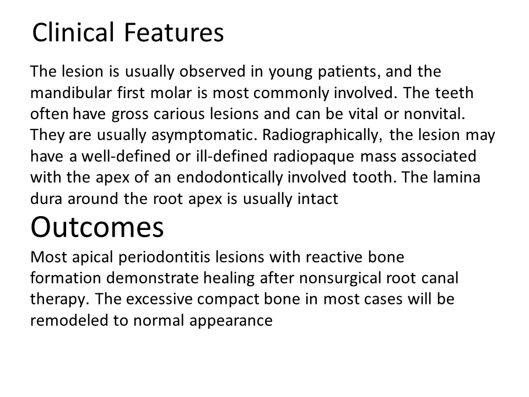Lamina dura around the root apex is usually intact. Outcome: most apical periodontitis lesions with reactive bone formation demonstrate healing after non-surgical root canal therapy, but if it's a case of osteomyelitis, refer to the surgeon. It needs a lot of work. The excessive compact bone in most cases will be remodeled to a normal appearance.